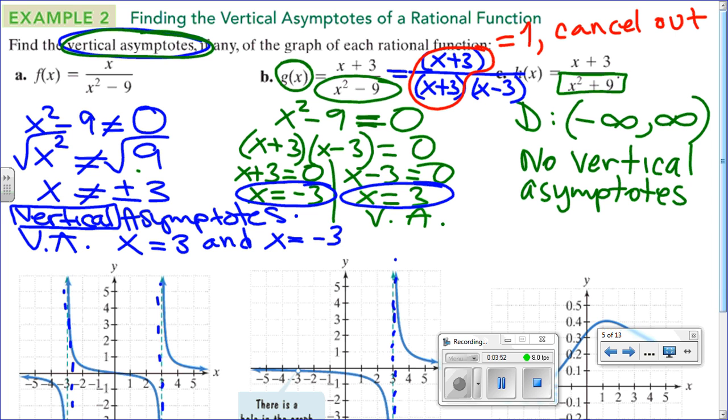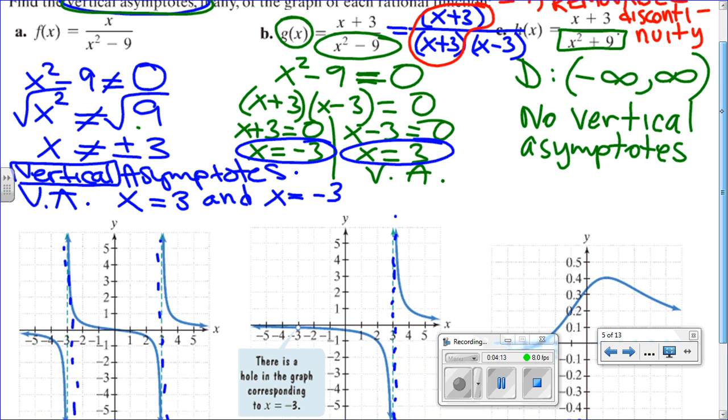What that means is that it is called a removable discontinuity. Why?